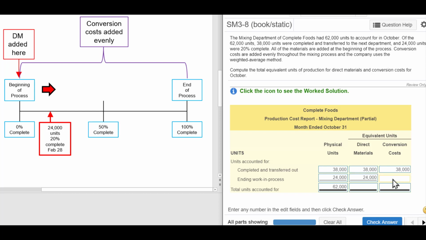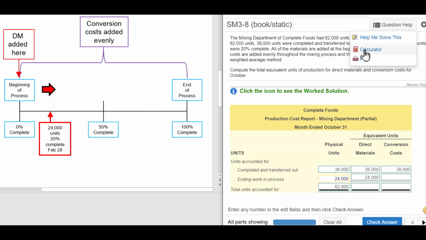Now the conversion costs. The conversion costs are added evenly, and it tells you so right here. And they were 20% of the way through, so that's the equivalent of 20% of 24,000. That's 4,800, right?